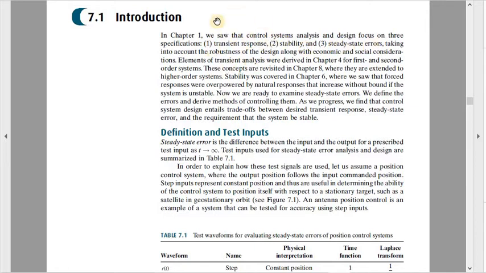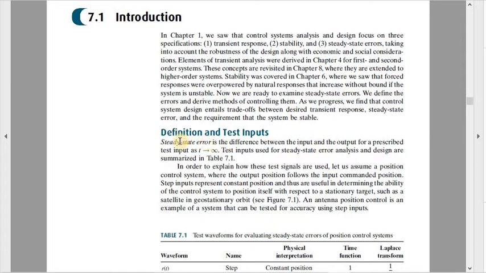We already discussed the transient response in chapter 4, where we covered time analysis, and stability in the previous chapter 6, where we discussed Routh-Hurwitz criteria. Now, in this chapter, we will look at what steady state error is and how we can incorporate it for design purposes.